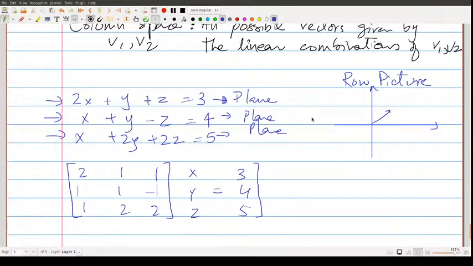So (0, 0, z) with z equal to 3. So it looks something like this, right? It's a 2-dimensional plane. Let's see if I can draw this nicely. It's something like a piece of paper tilted in 3 dimensions, right? So you essentially get a page in 3 dimensions when you visualize a linear equation in 3 dimensions.